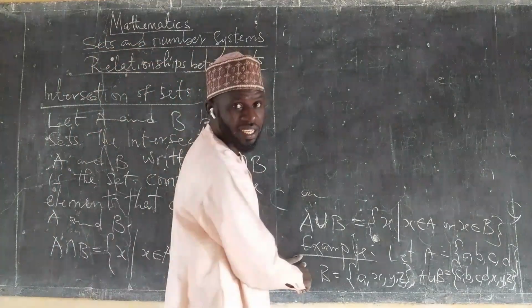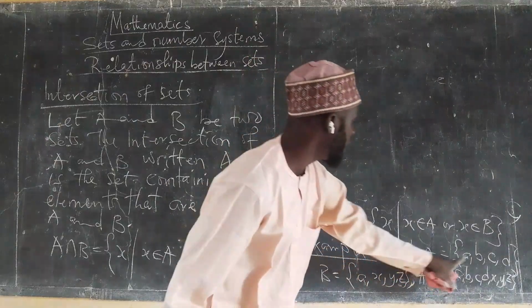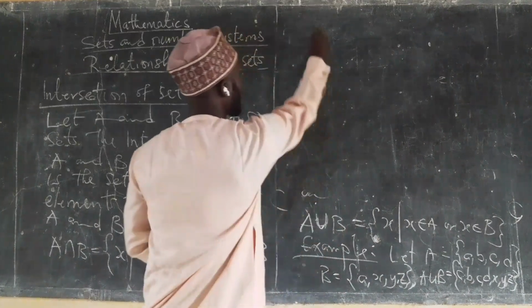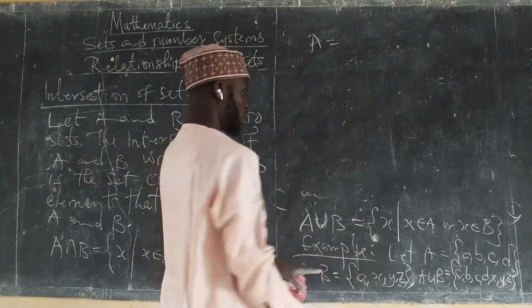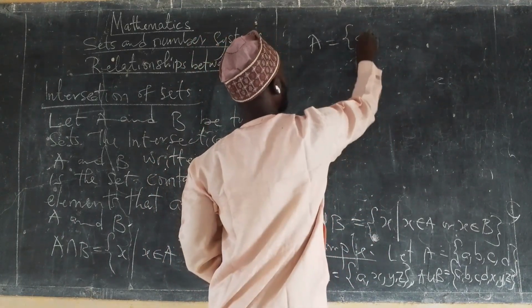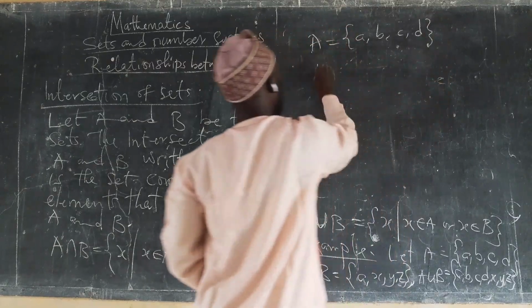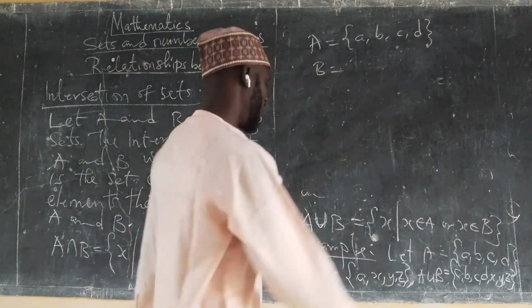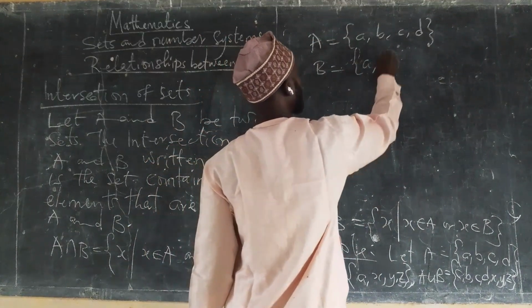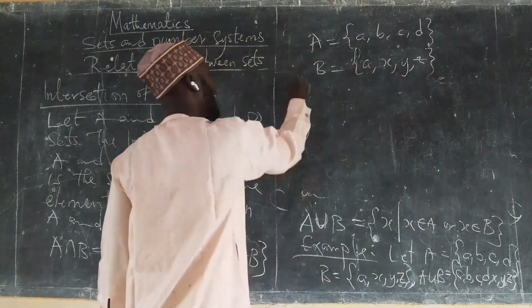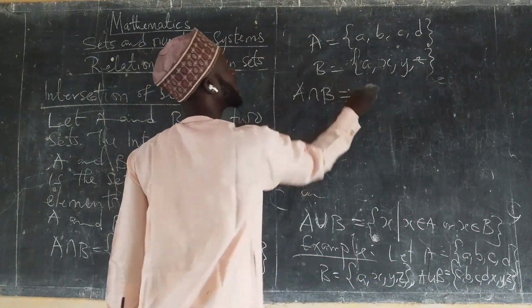An example here, let's use as an example, A is this, and then B is this. So here, A is equal to {A, B, C, D}, and B is equal to {A, X, Y, Z}. So what is A intersection B?